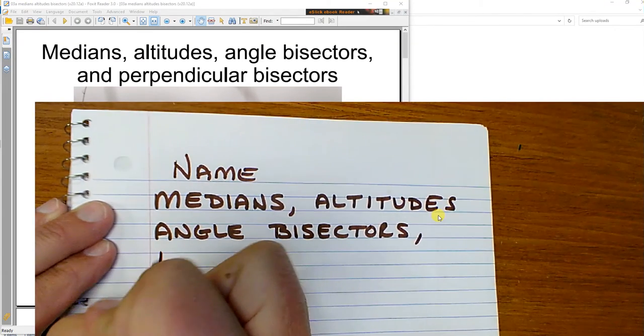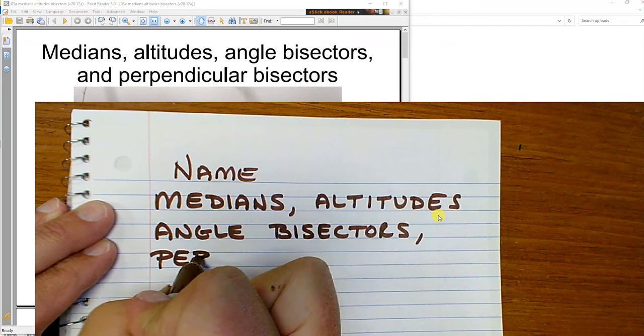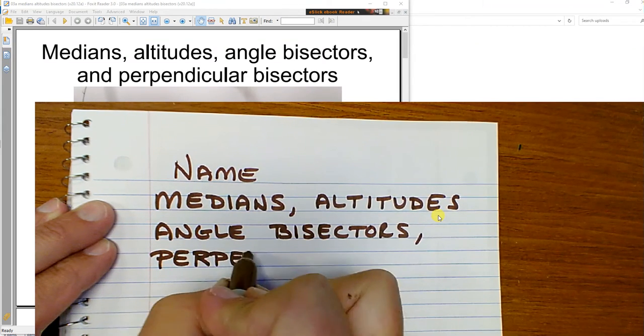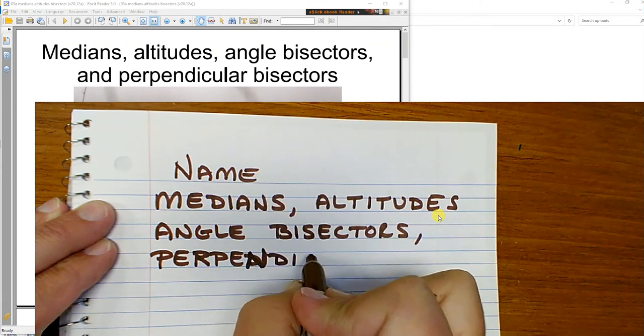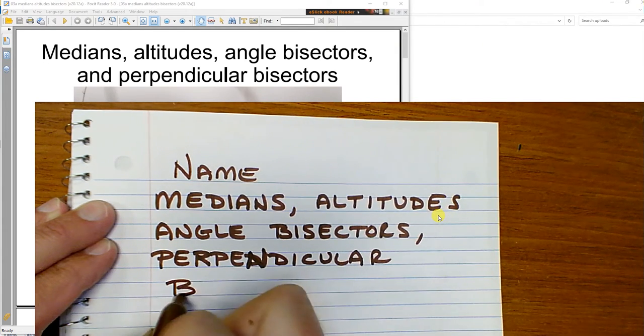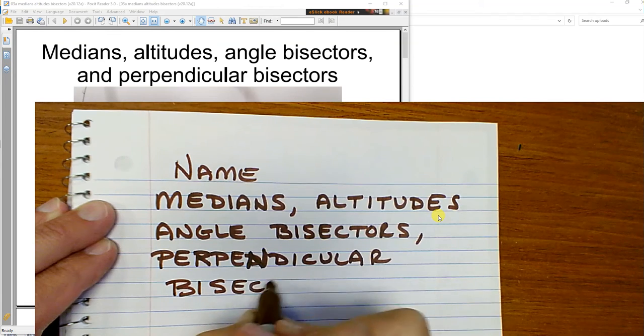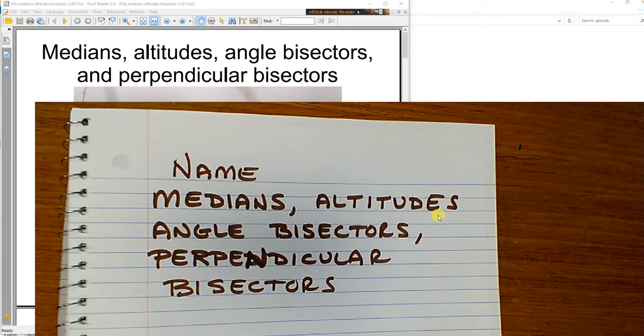Perpendicular, it's an N. Medians, altitudes, angle bisectors, perpendicular bisectors.